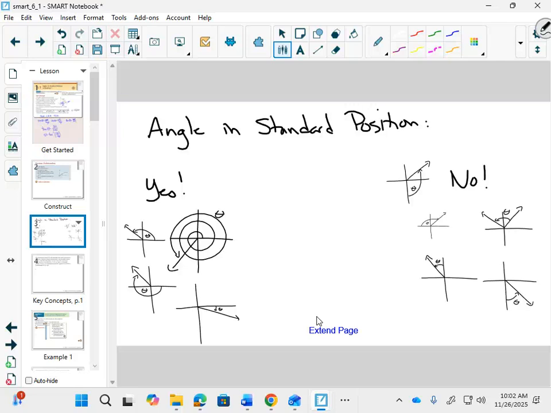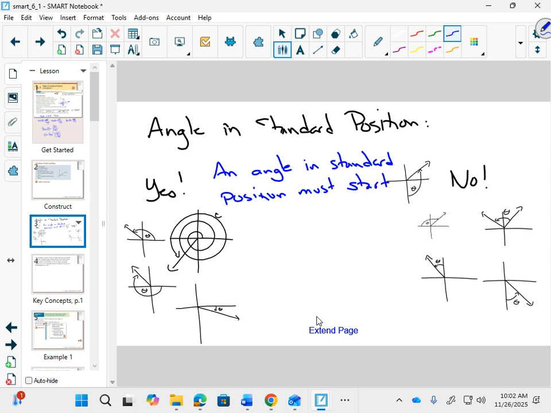You can go clockwise or counterclockwise, but the important thing is that it has to start on the x-axis. Angles in standard position: an angle in standard position must start on the positive x-axis, because here's one that started on the x-axis, but on the negative side.